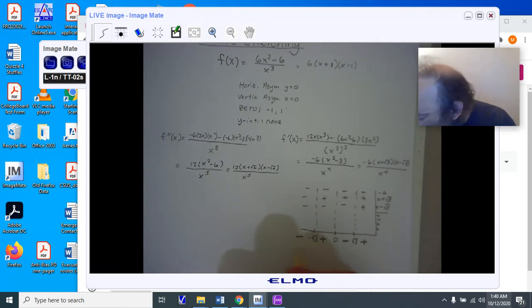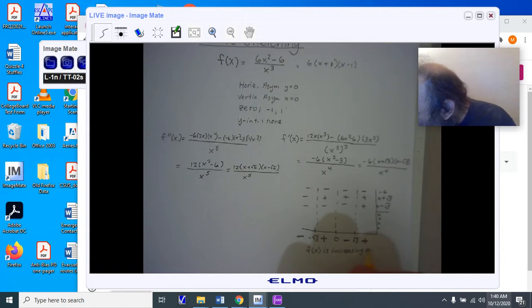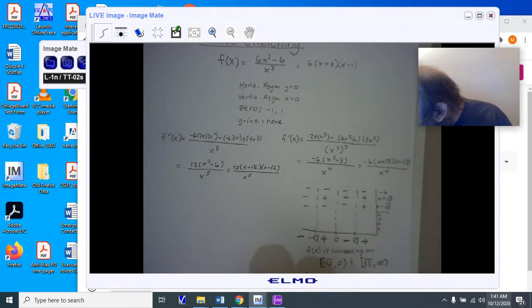Notice this tells me that f of x is increasing, and this is on the two intervals from negative root 3 to 0, which is an asymptote, and then from root 3 to positive infinity.